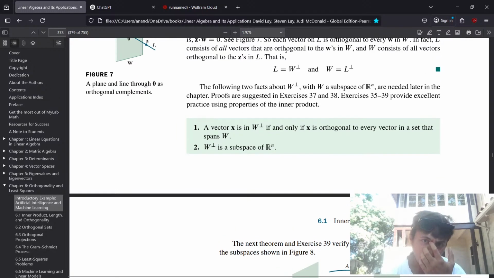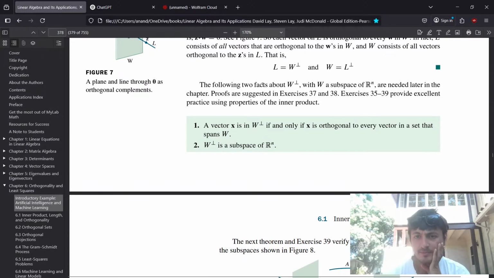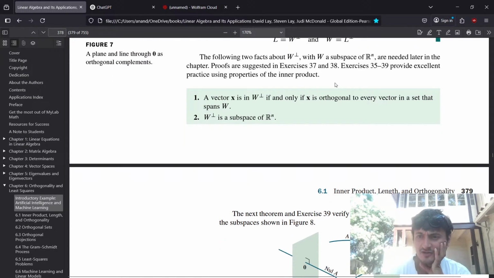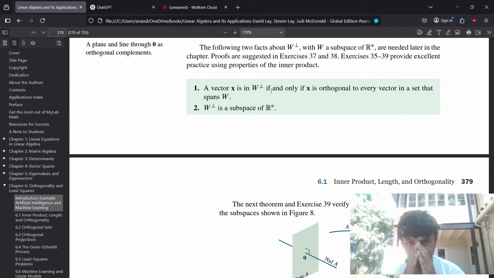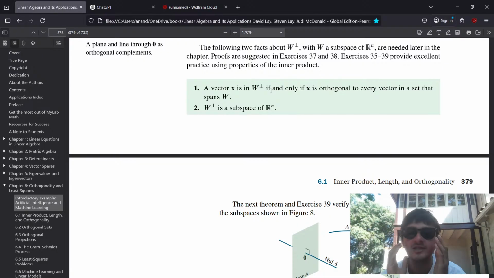All right. The following two facts about W perp, with W a subspace of Rn, are needed later in the chapter. Proofs are suggested in exercises. A vector x is in W perp if and only if x is orthogonal to every vector in a set that spans W. Okay, so if you have a basis, why not just say that?